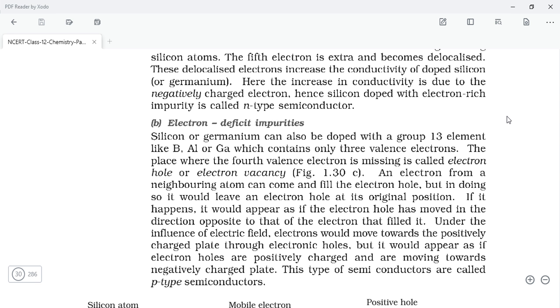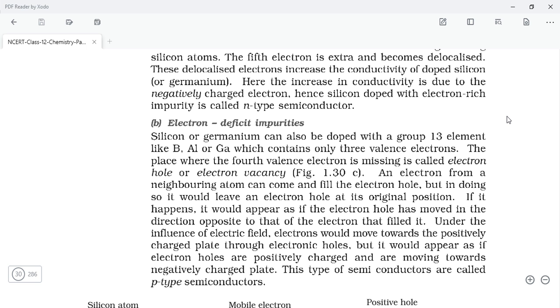Under the influence of an electric field, electrons would move towards the positive plate through electronic holes, but it would appear as if electron holes are positively charged and are moving towards the negatively charged plate. This type of semiconductor is called a p-type semiconductor.